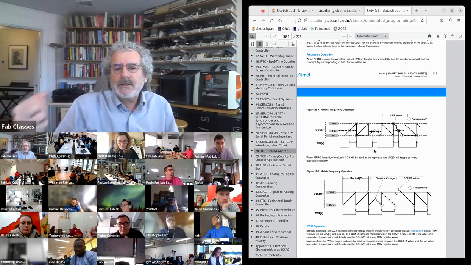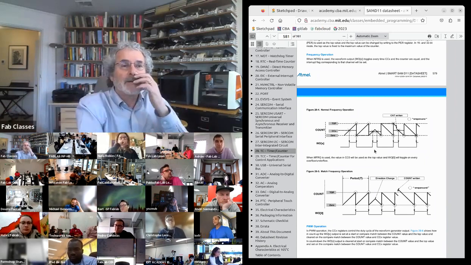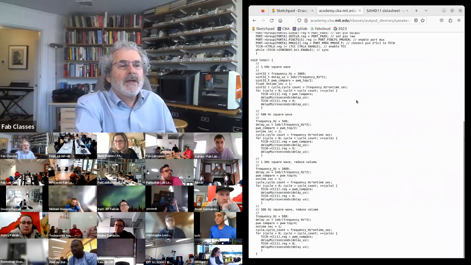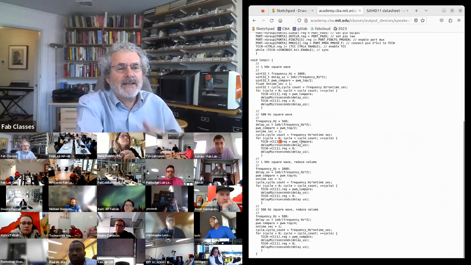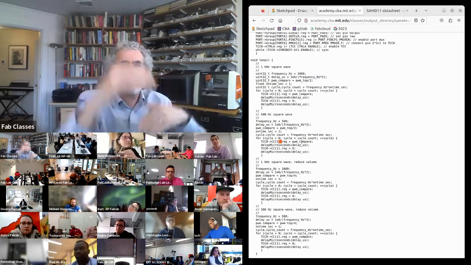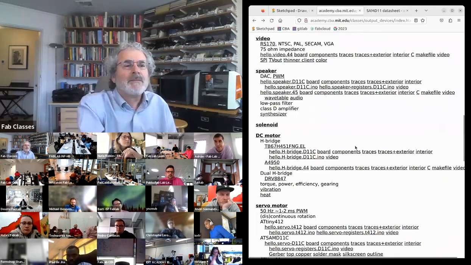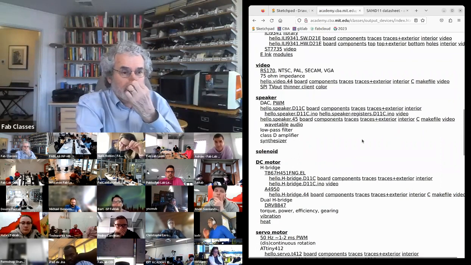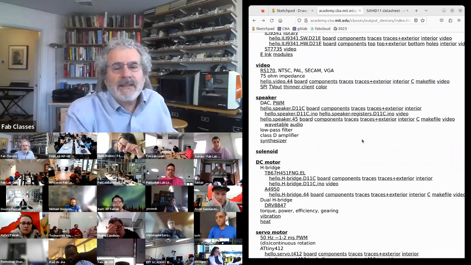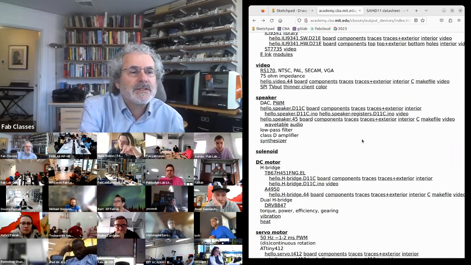So rather than you switching the pin on and off, you just set how fast it counts, and you give it a number to compare to. So in this version of the code, I'm varying the comparison number in the register, and then the processor is doing the generation of it. And so that's pulse width modulating to make audio for a speaker.